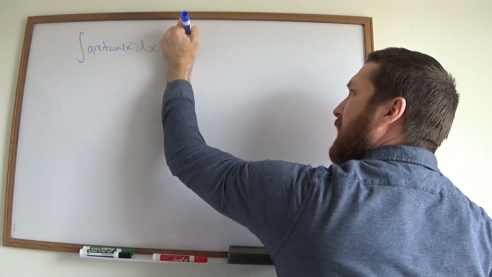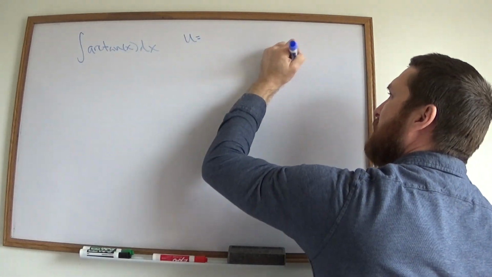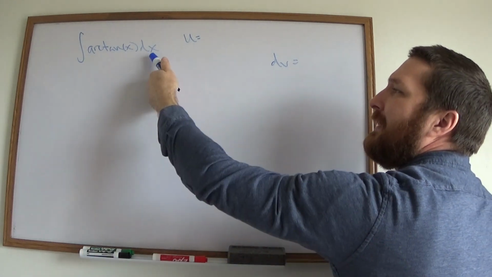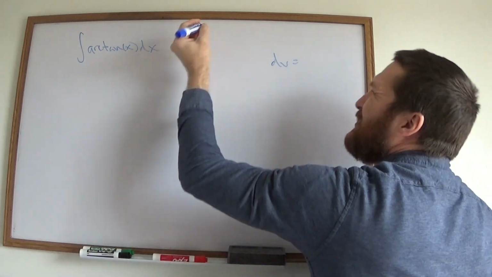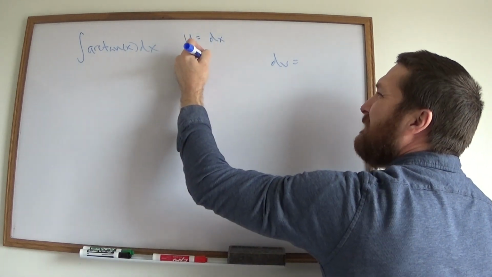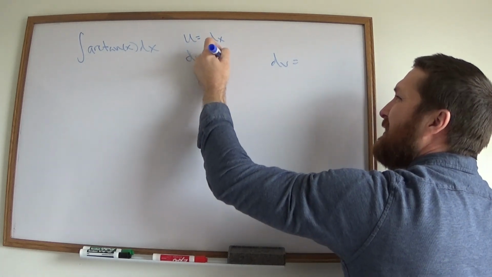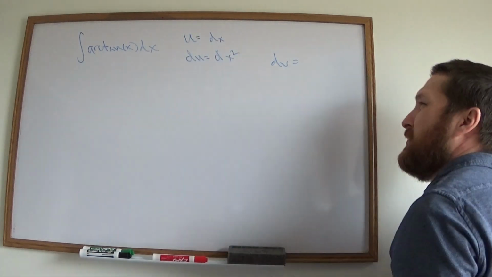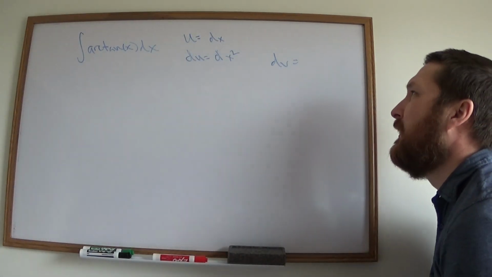So you could say, okay, I need a u and I need a dv. Obviously, I'm not going to let dx be u. What would happen if I did that? dx is du, so then I guess d squared x, or actually dx squared. We didn't talk about that notation, but it would be the second derivative.